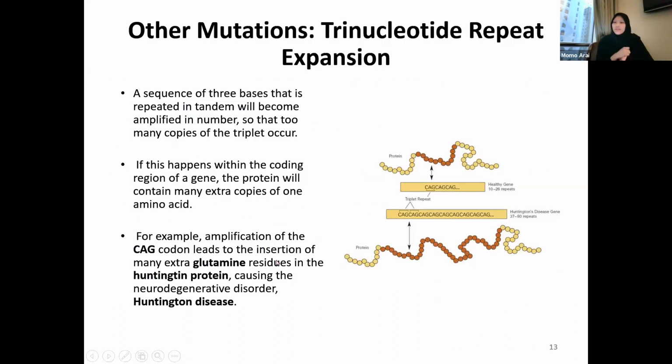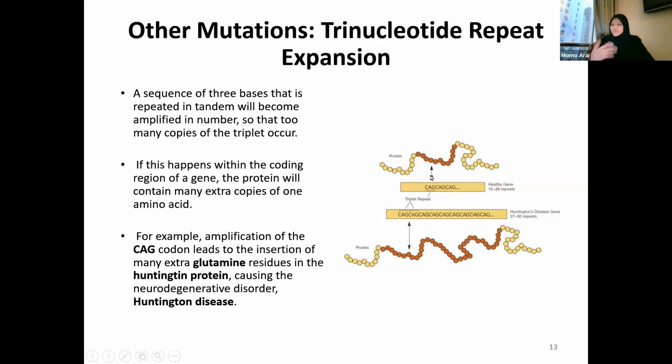Okay. Now another mutation that can happen. Remember how I said someone asked me about addition of 3 genes. This is sort of like that, but basically you have a protein called Huntington, and it's in our neurons, in our cells, and the sequence is CAG, CAG, CAG.